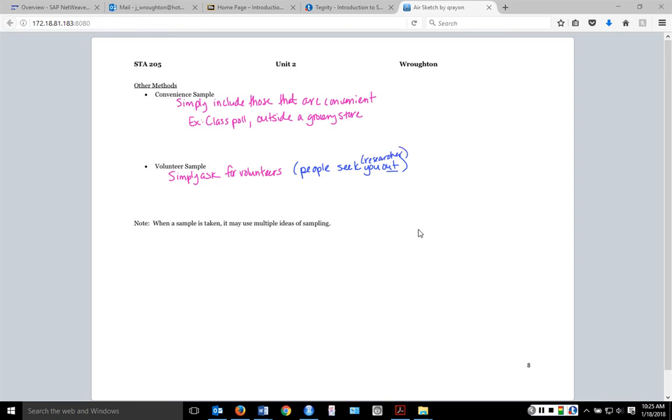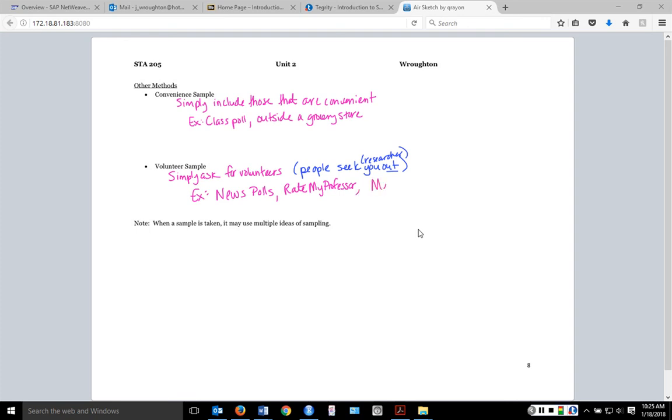So some examples that fall into this category are, a lot of times you'll see news polls, call in and give us your opinion on this. If you've ever seen the website called Rate My Professor, people voluntarily go out and fill out things about their professors.